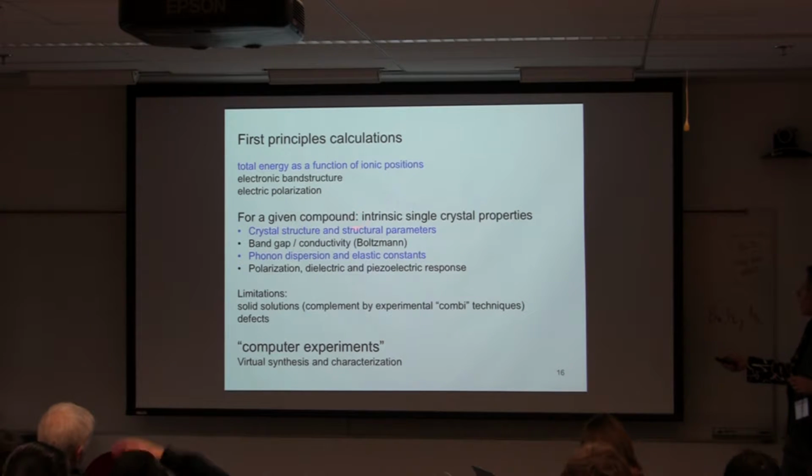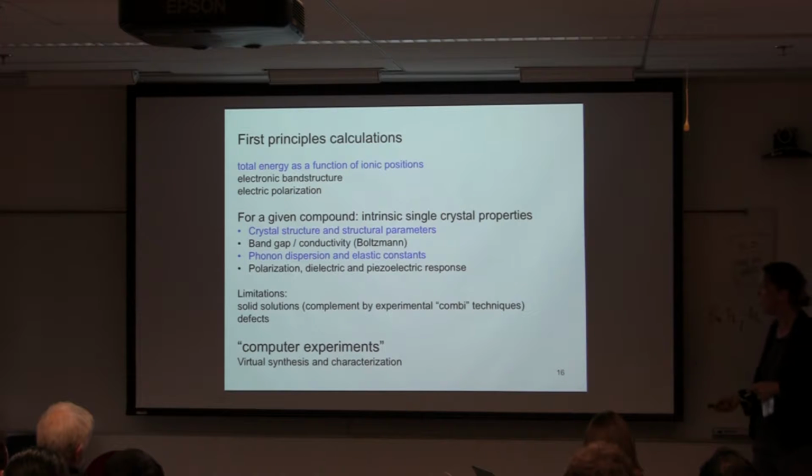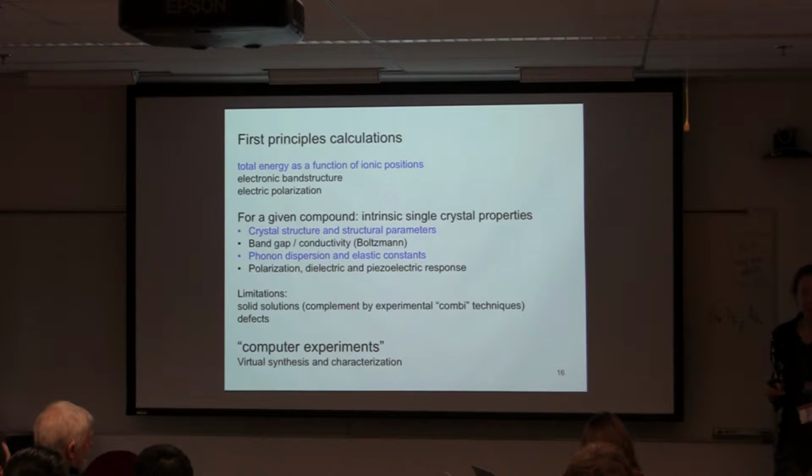And with that, we can expand the kinds of properties that we look at to optical and transport properties and polarization-related responses. Everything we do is in periodic boundary conditions, and the smaller the unit cell, the better. The computational effort scales as you make the unit cell larger.